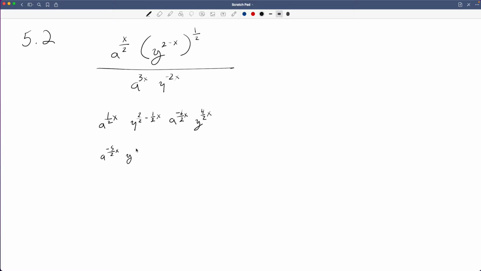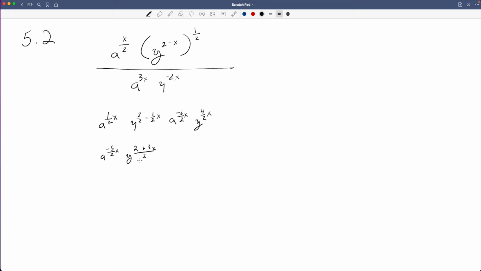We don't want to have an operation in two fractions. We want to write it as one piece, one fraction. So we are going to write 2 minus 1x plus 4x would be a positive 3x, and all of that over 2. That's the most succinct way that we can write that exponent.